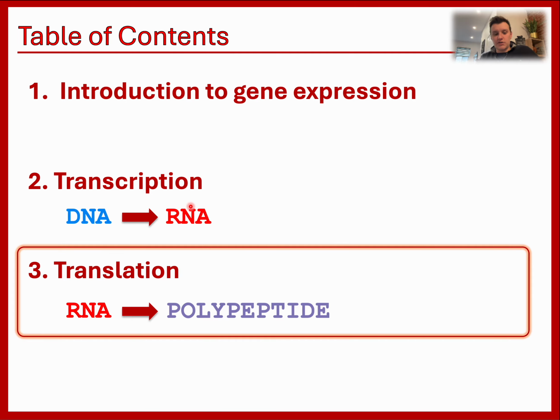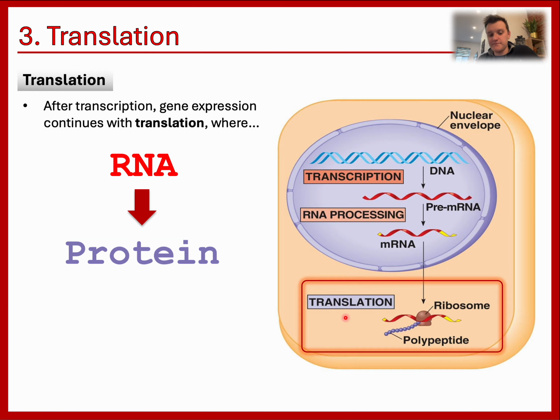Part 3 is called translation, taking an RNA molecule and turning it into a polypeptide. So in translation, after transcription, we went from a DNA to an mRNA. Now we said that the mRNA that's made will leave the nucleus. It's still in the cell, but it's going out of the nucleus into the cytosol.